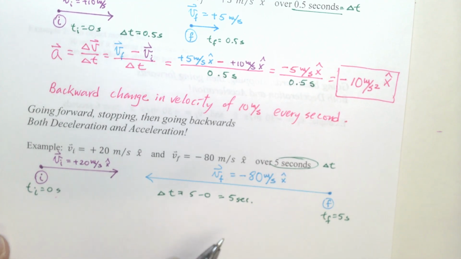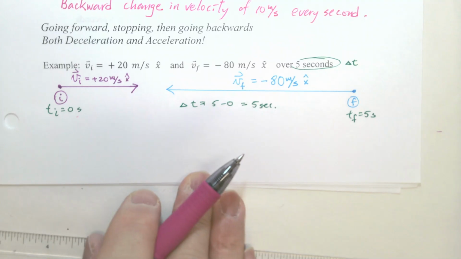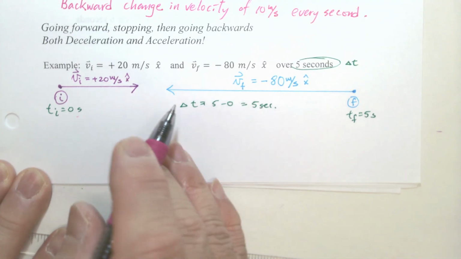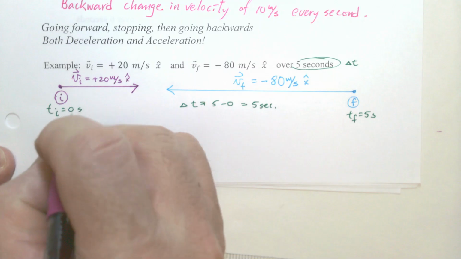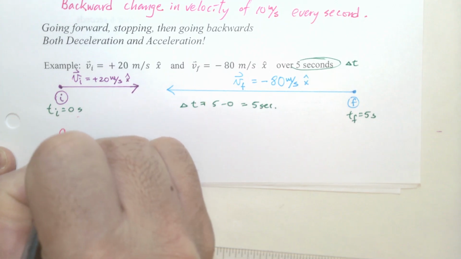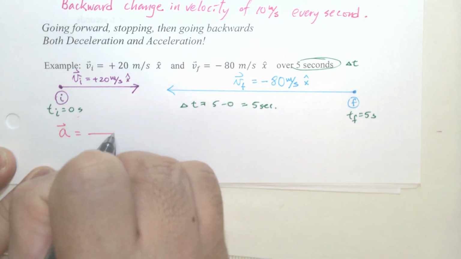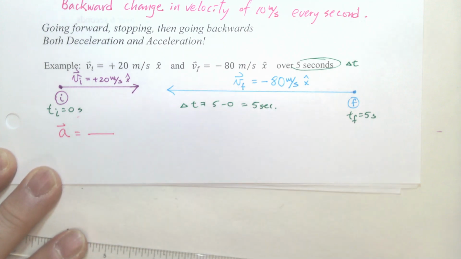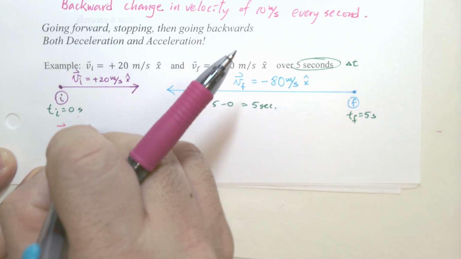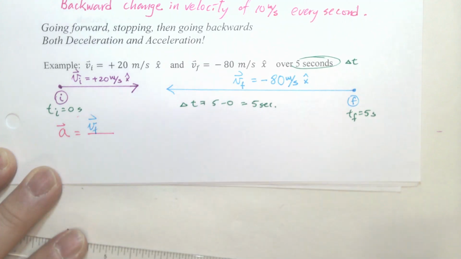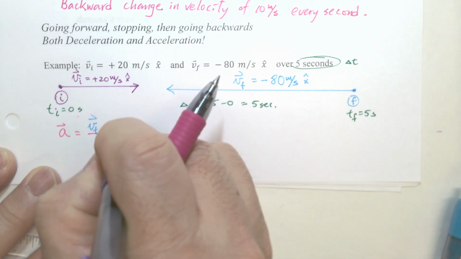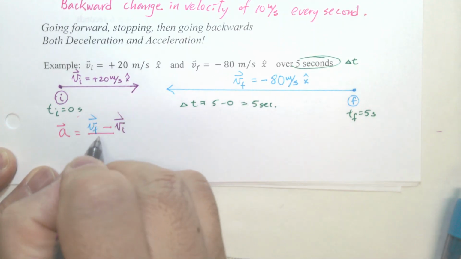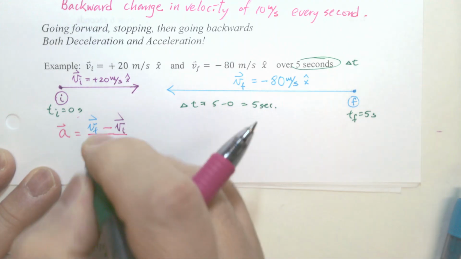Now let's find acceleration for this. Okay? So here, my acceleration is equal to simply V final minus the V initial, whole thing over delta t.